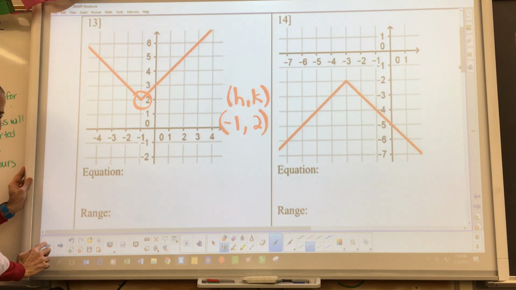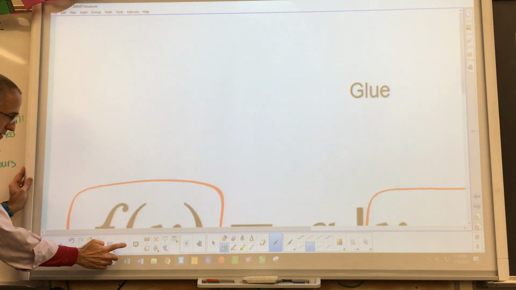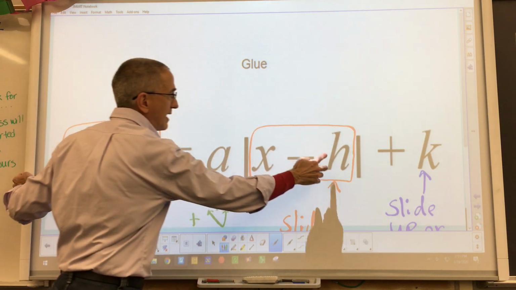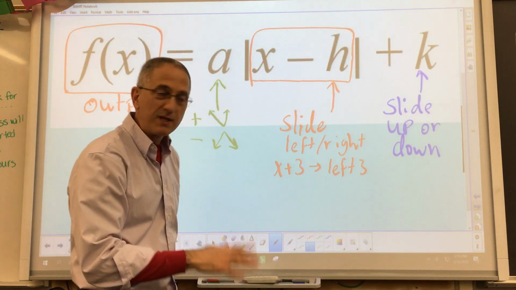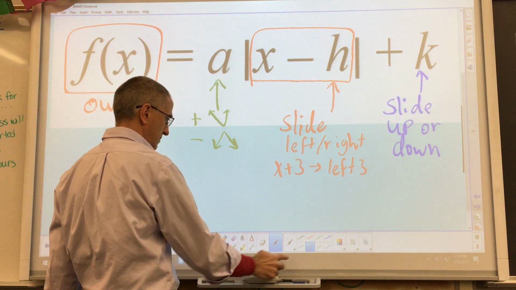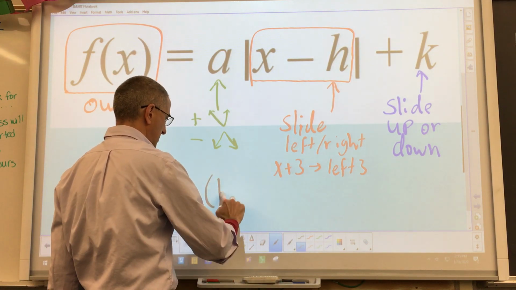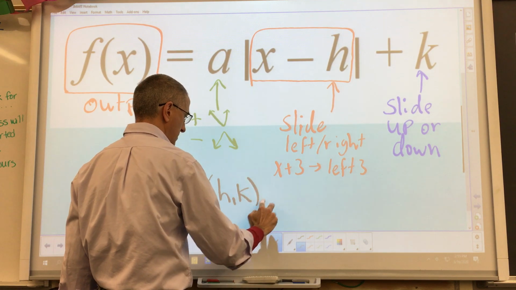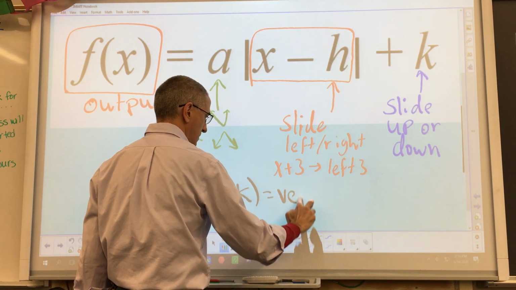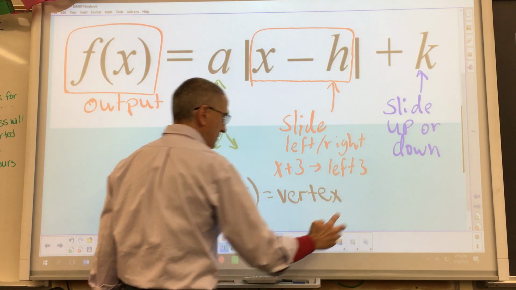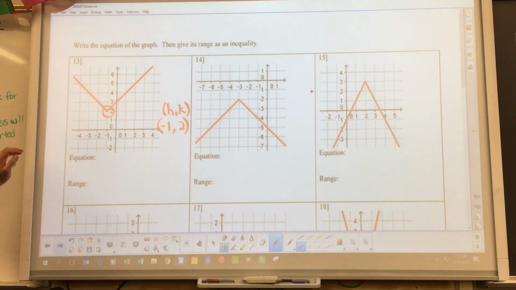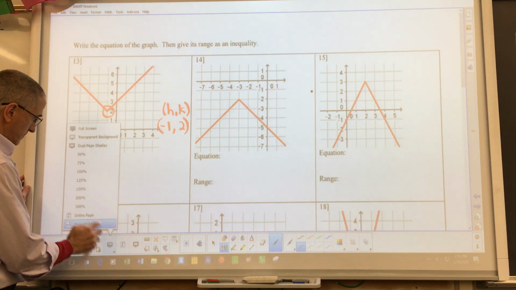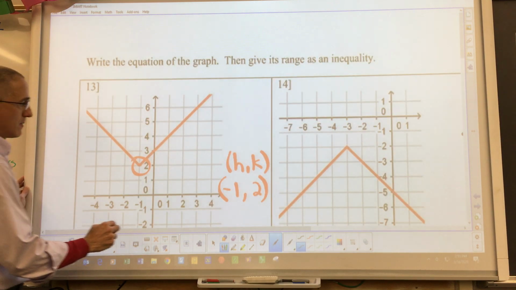If you notice from this one, h and k, forgot to put that in there, that makes our vertex. So I'll go back to here.